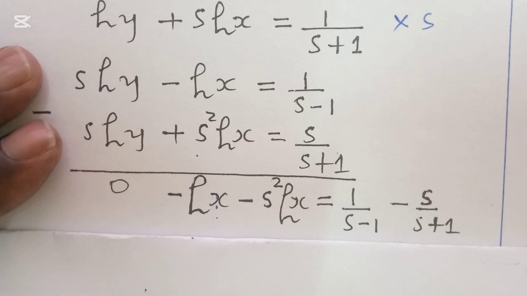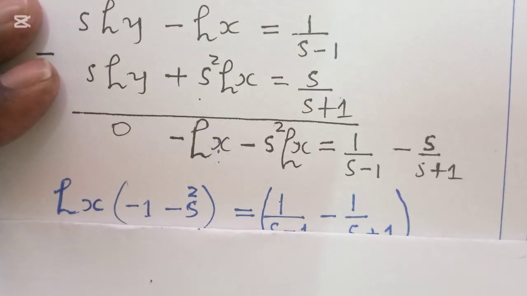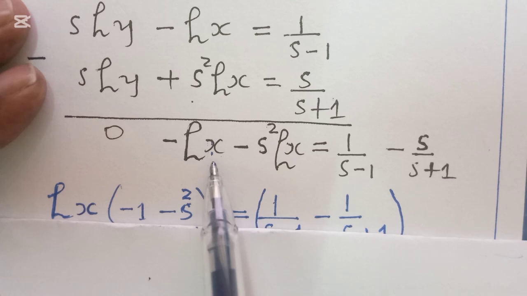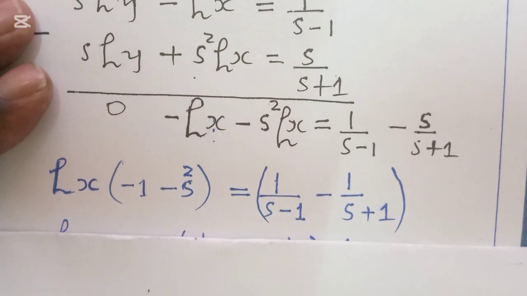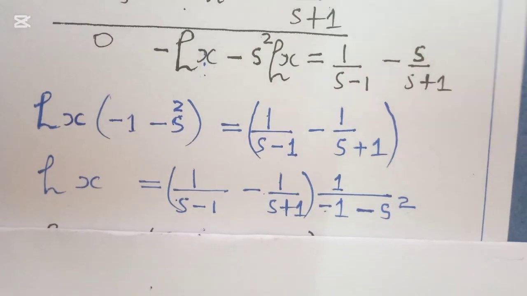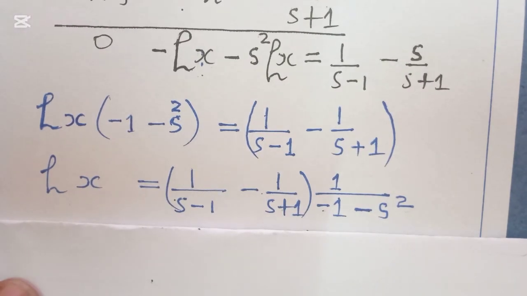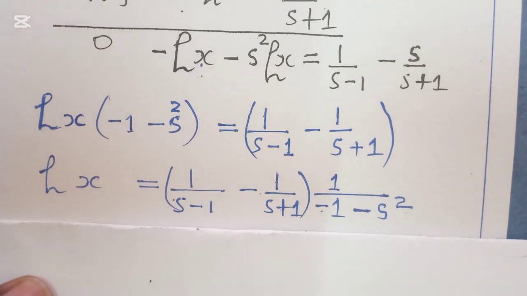So we deal with that equation. We make the Laplace transform of x the subject of the formula, and when we do, we are going to get something like this.